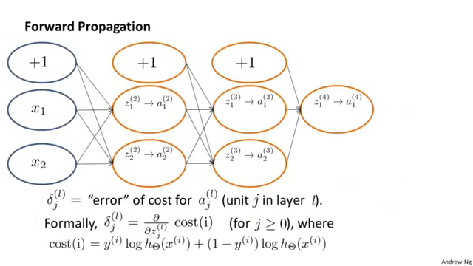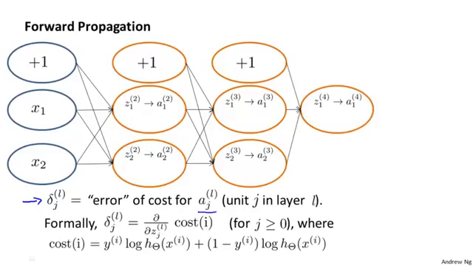Now let's look at what backpropagation is doing. One useful intuition is that backpropagation is computing these delta superscript l subscript j terms, and we can think of these as the quote error of the activation value that we got for unit j in layer l.